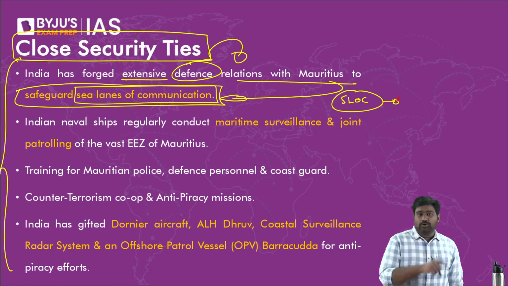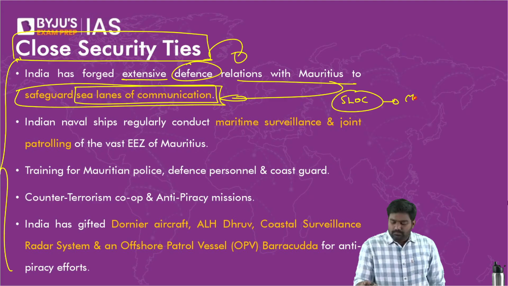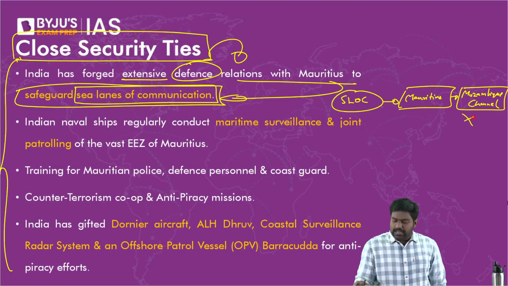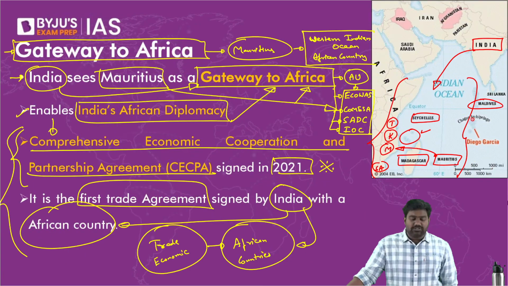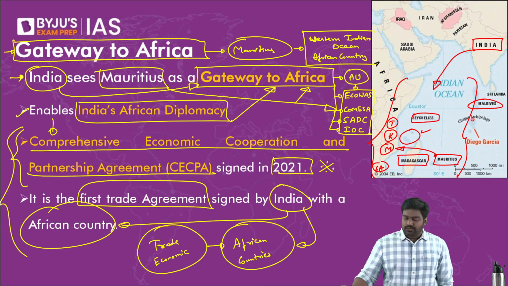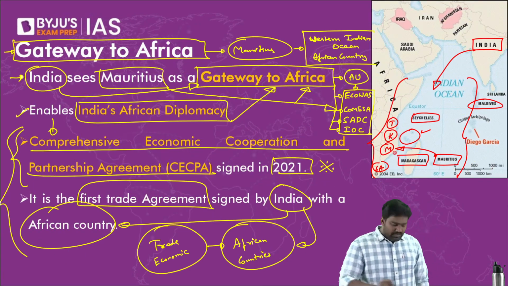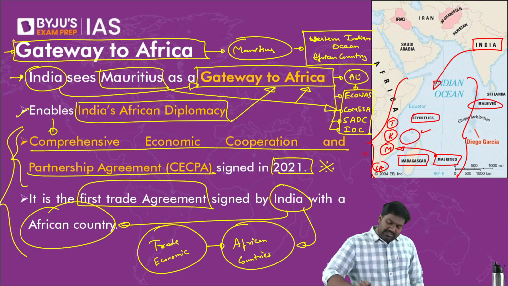Because if you go back and look at the map, Mauritius is present a little close to Mozambique Channel, which is a choke point. Mozambique Channel has been of significance for global shipping, especially before the Suez Canal was built. You can see here, this is where Mozambique Channel is present.